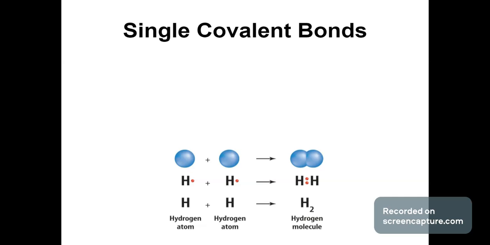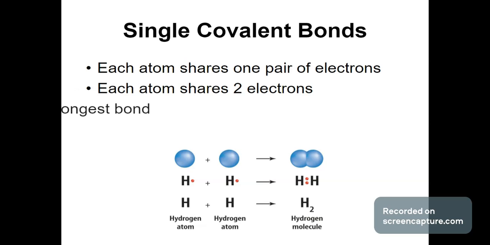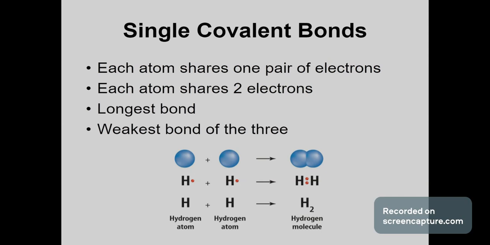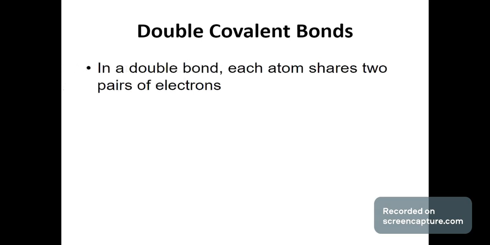Now, a single covalent bond has it where each atom shares a pair of electrons, of course, and it's usually 2 between the 2, and it's the longest bond, and it's the weakest of the 3 bonds. Now, if we go over here, in double, you have atoms sharing 2 pairs of electrons, so it's 4 total, right? And it's a medium length.